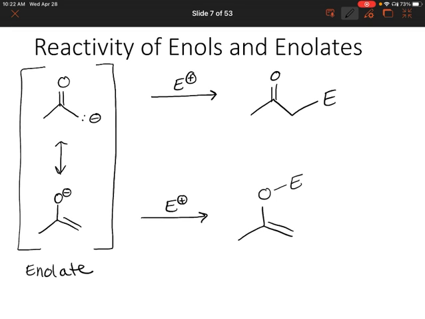Okay. So even though oxygen is more electronegative and more likely to have a negative charge, the top reaction with the negatively charged carbon is actually more common.